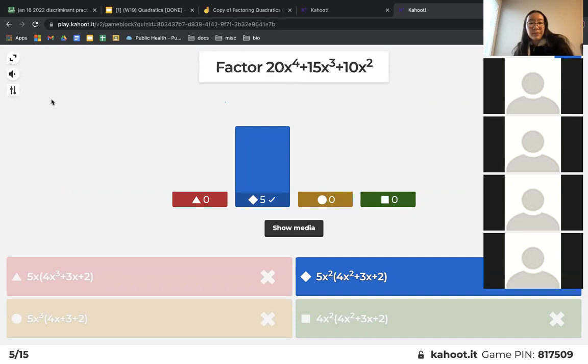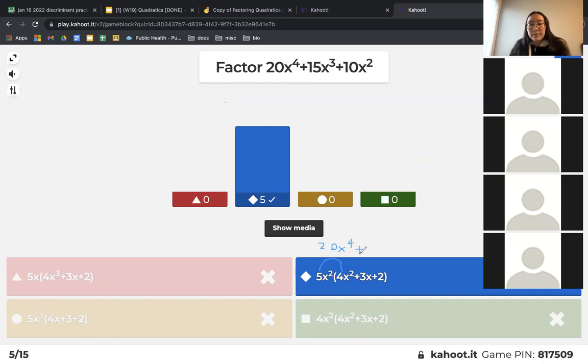Okay, so I guess I kind of told you to take out the 5x squared, but you can see that if you multiply everything back in, 5x squared times 4x squared equals 20x cubed. Because remember, x squared times x squared equals x cubed, and you just add the powers.